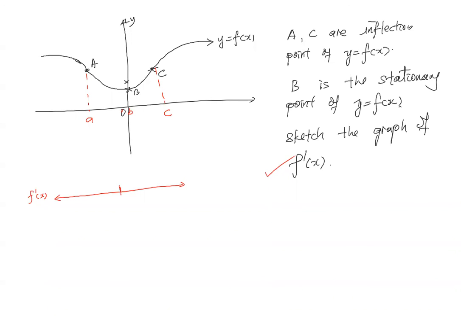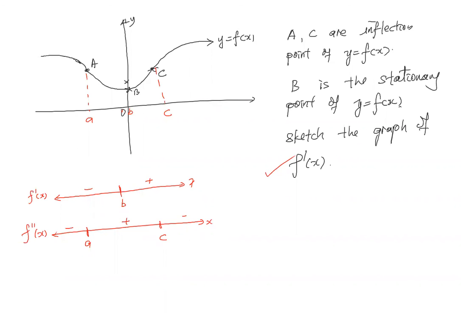You will mark a B here. The graph is going down, negative, positive. Then you will draw the f double prime x sign diagram. You mark the point A and you mark the point C. These all are the x coordinates. And this is concave down, negative, positive, negative.